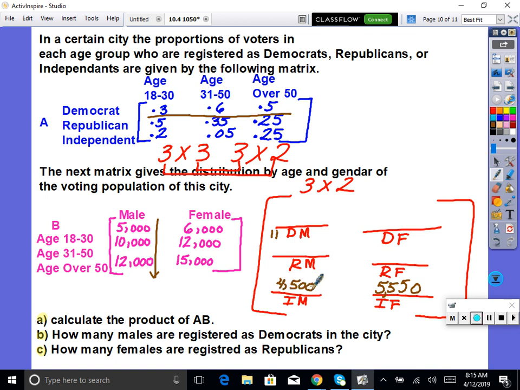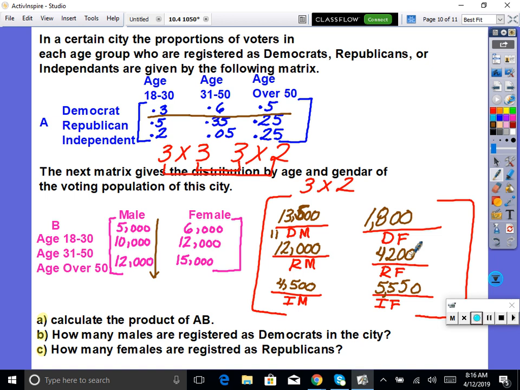Okay? $13,000? Thank you. Oh, 500. Yeah. 18. Thanks.